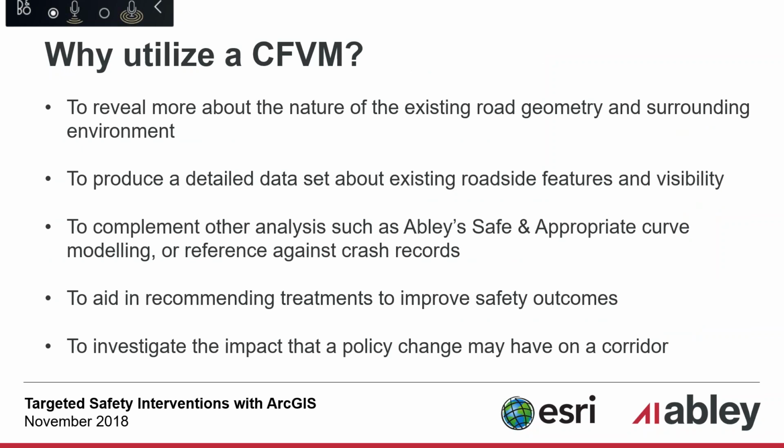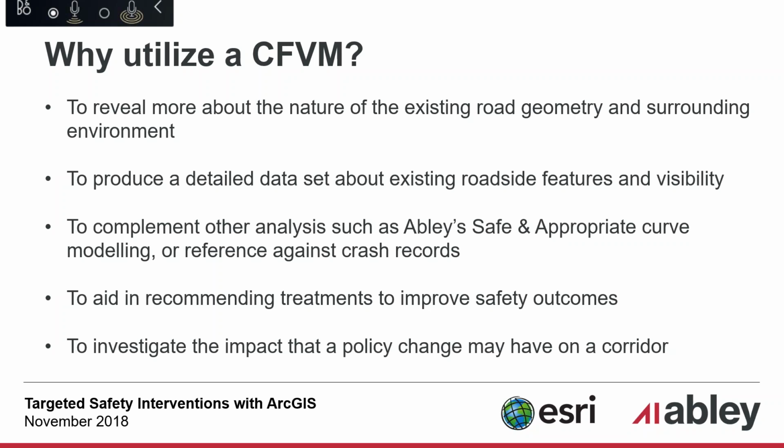So why develop a continuous forward visibility model? Well, really, it's to reveal more about the nature of the existing road geometry and surrounding environment, and the aim is to produce a detailed data set about existing roadside features and visibility.